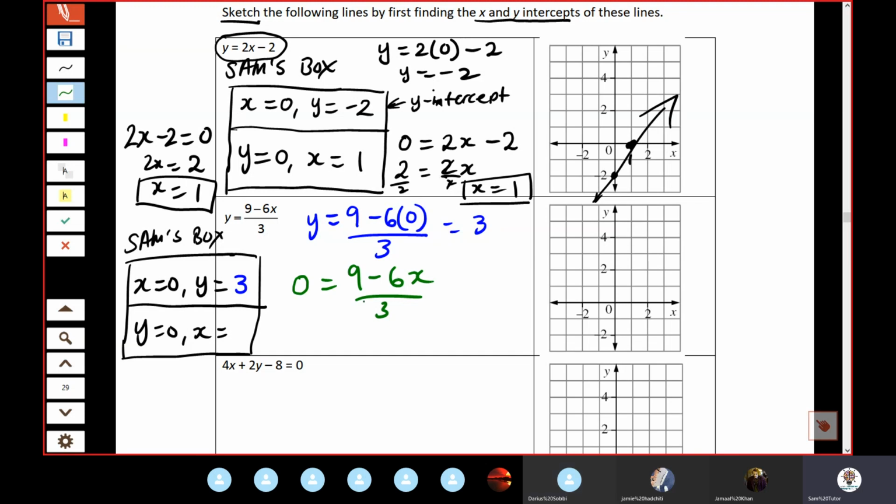There's no other letters. So what's the first step? I've got to get rid of this 3. How do I get rid of this division of 3? Times 3. So times 3 on this side, times 3 on this side. What's 0 times 3? 0. That saves a lot of time.